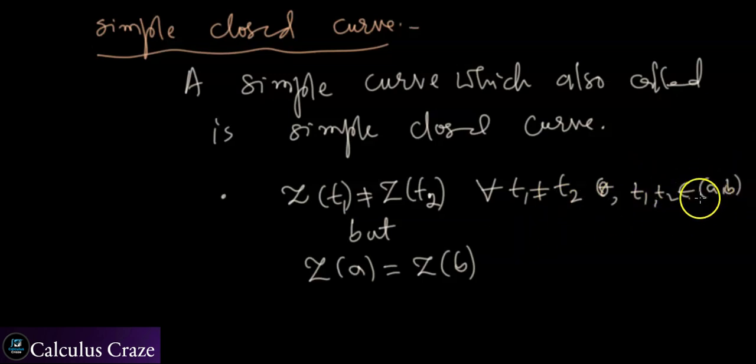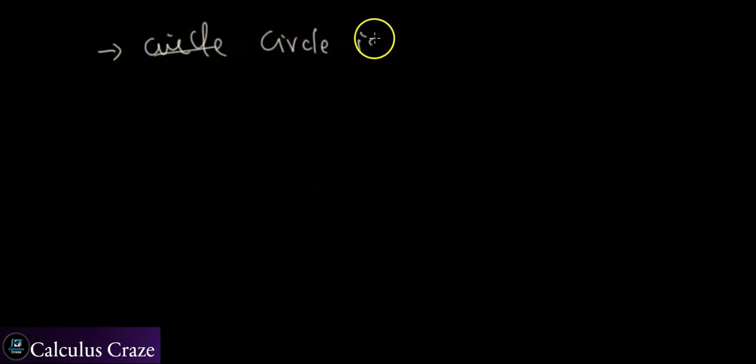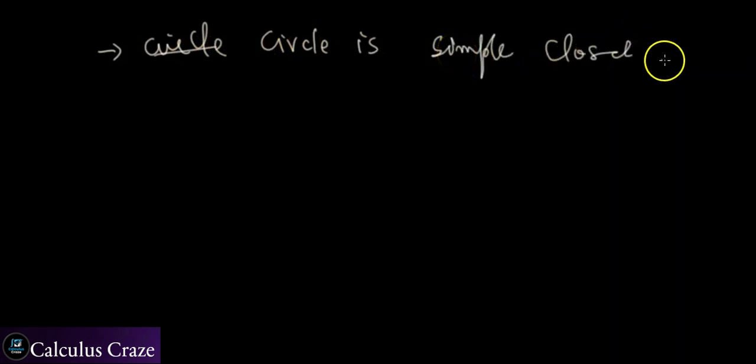So when you take t1 to be a and t2 to be b, they coincide. So, simple closed curve. As we have already seen, the circle was simple and it is also closed, so the circle is an example of a simple closed curve. Moreover, it is also a contour, so you can say that the circle is a simple closed contour or path.